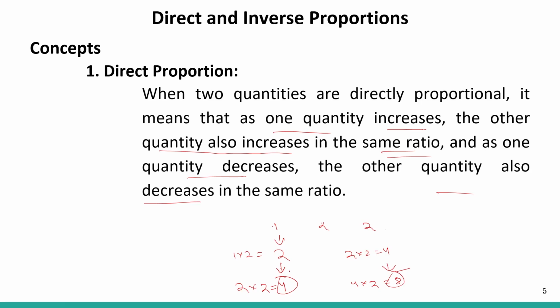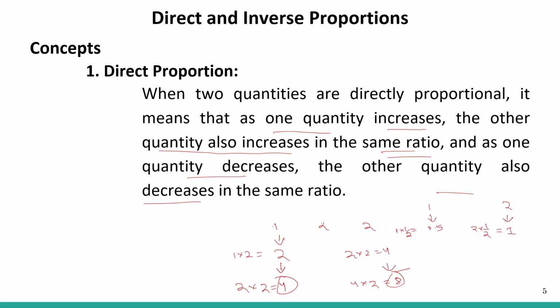Similarly, if one quantity decreases by some specific ratio, the other quantity also decreases by that ratio. Again you have 1 and 2. Let's say 1 becomes 0.5, that is half, so 1 into 1 by 2 is 0.5. Then 2 will become 2 into 1 by 2, which is equal to 1.